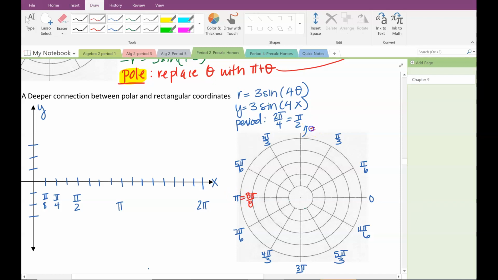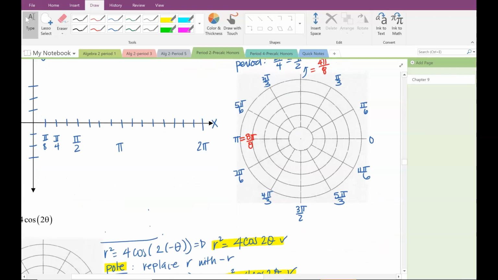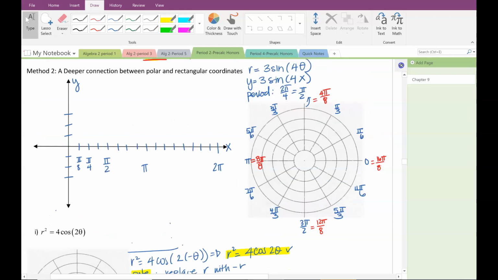It's easier. And this is 4 pi over 8. And then this is 8, so that's multiplied by 4, so 12 pi over 8. And if it's 2 pi, that's going to be 16 pi over 8. So that way we can see it a little bit better when we transfer it over to the polar grid.